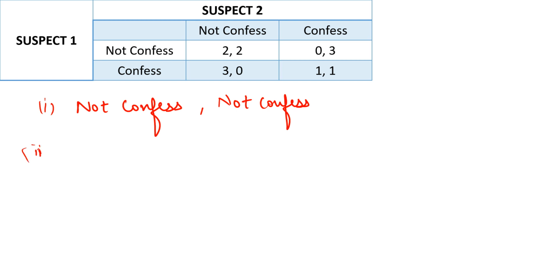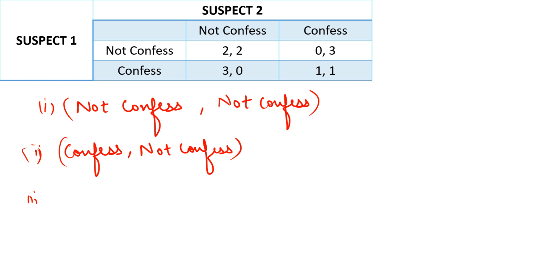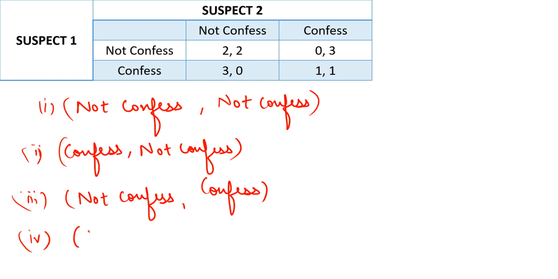Second, confess, not confess. These are strategies, not the equilibrium strategies. We are simply writing these down. Then we have not confess and confess. And the last strategy will be both the players confess.